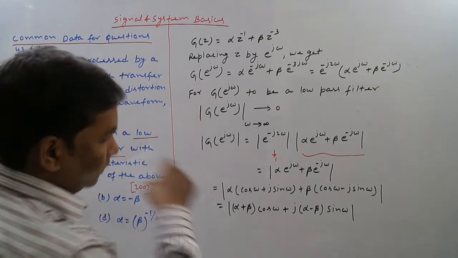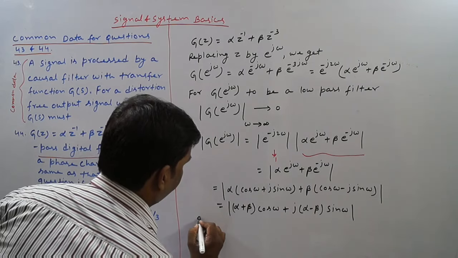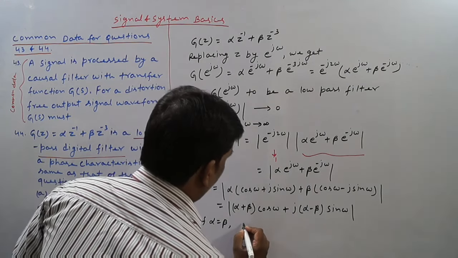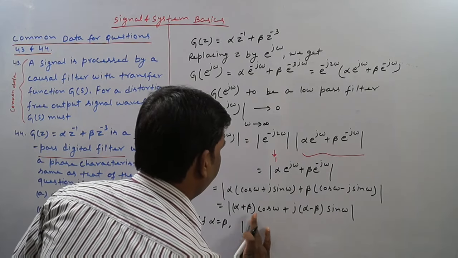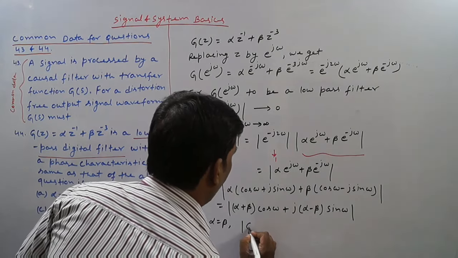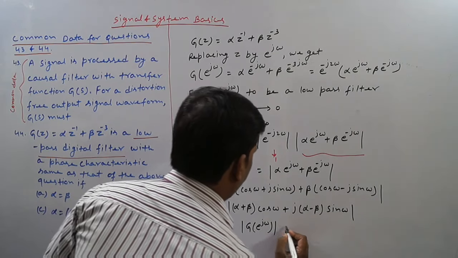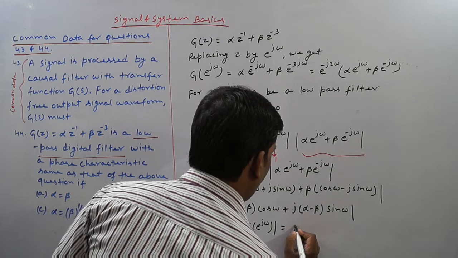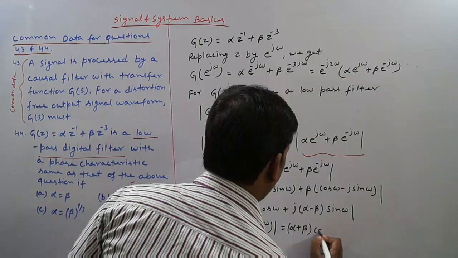Okay, so let me write this. If alpha equal to beta, then mod g e to the power j omega must be equal to how much? Alpha plus beta cos omega.